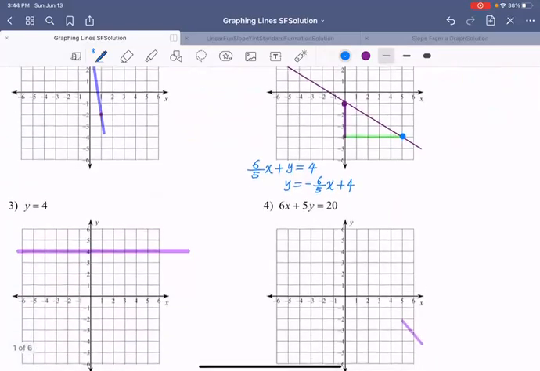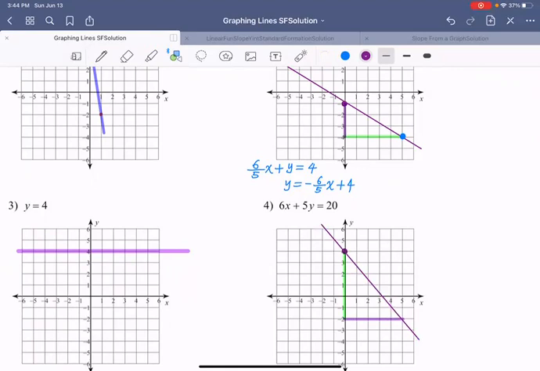So your intercept would be (0, 4). Next. And then it would rise by negative 6, and then run by 5. Connect. Okay.